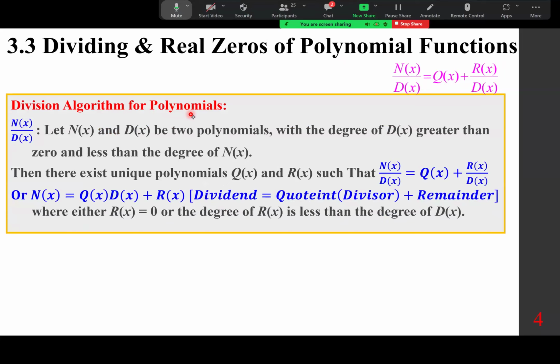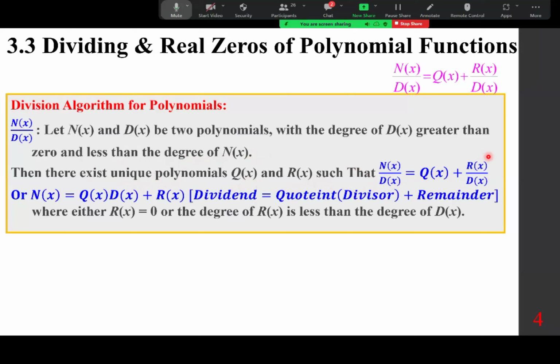Division algorithm for polynomials, n of x over d of x. Let n and d be two polynomials with the degree of d of x greater than 0 and less than the degree of n of x. Then there exist unique polynomials q of x and r of x such that n of x over d of x is q of x plus r of x over d of x.